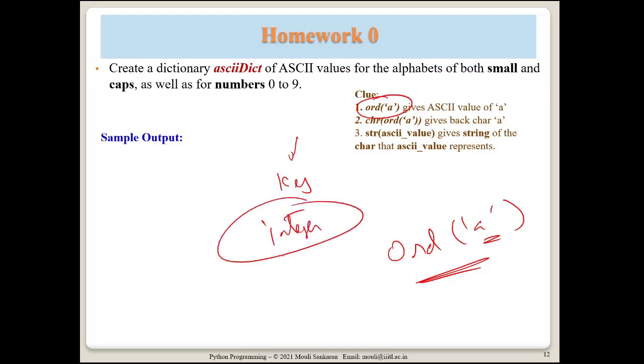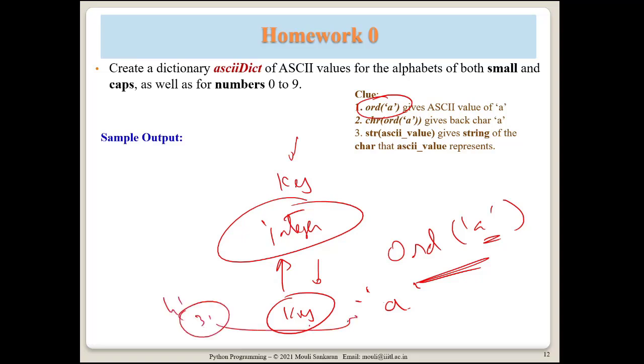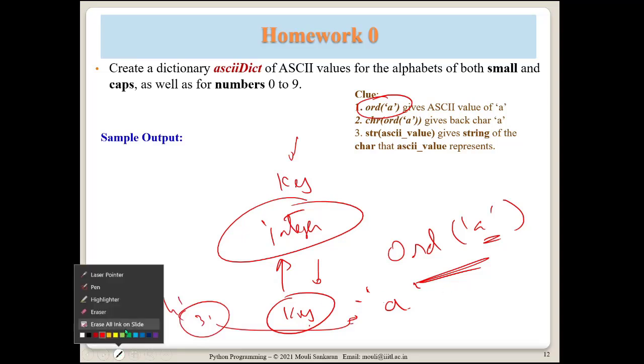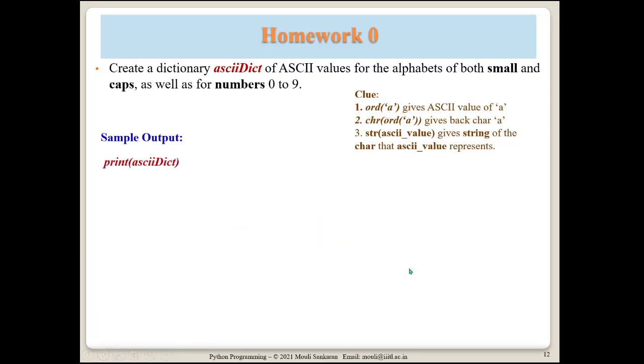So an integer is eligible to be a key because it is an immutable object. So I want you to create an ASCII dictionary. If you pass an ASCII value, it returns a string which is the representation of that particular value. Suppose 41 or 31, whatever values you pass, you will get the character as a string from the dictionary. So you can do it using these conversions.